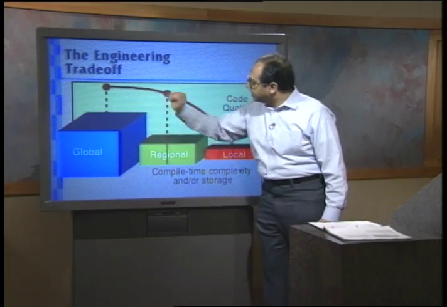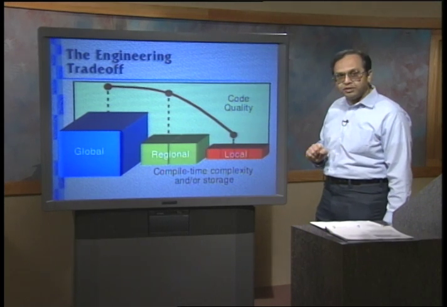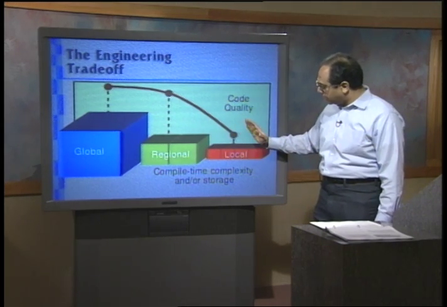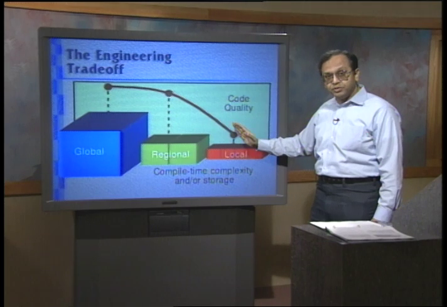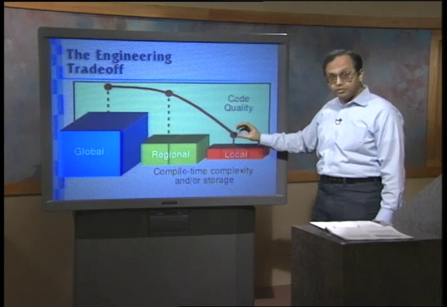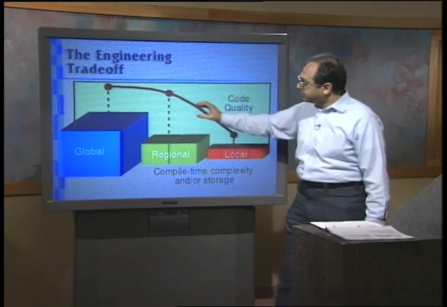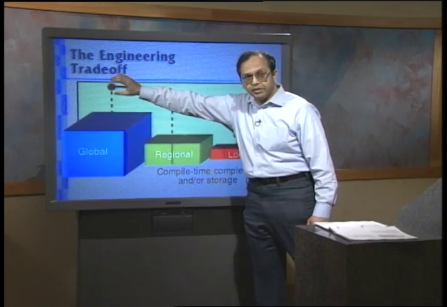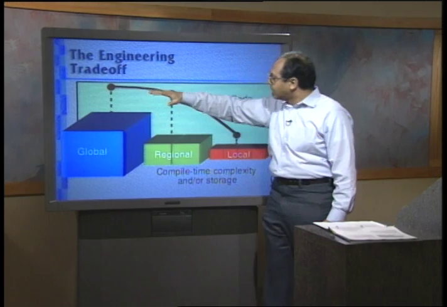That has to be traded off versus the code quality. We know that trying to do things like optimization, scheduling, etc., just at a basic block level is not very effective, and that if we do it globally, we get the maximum benefit.